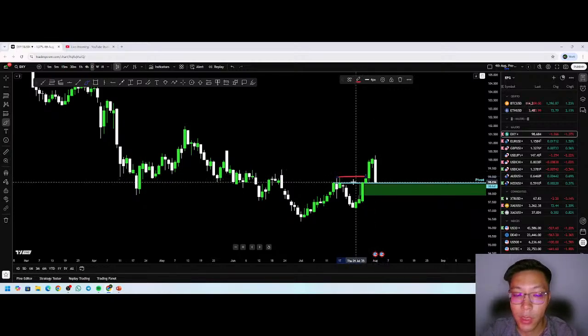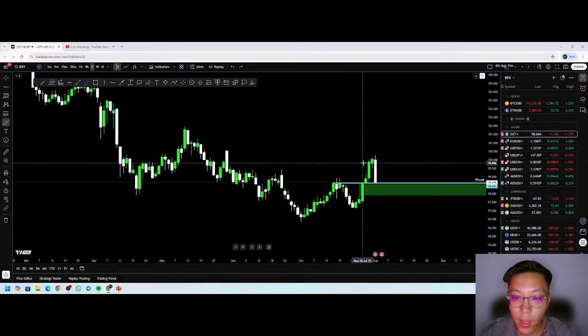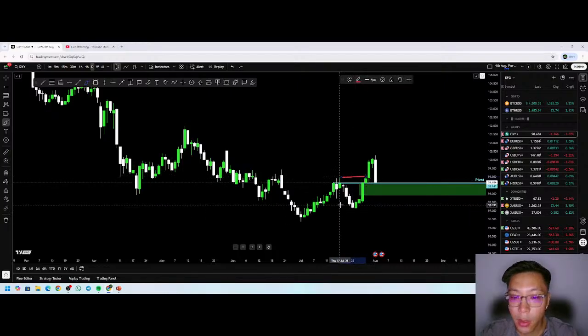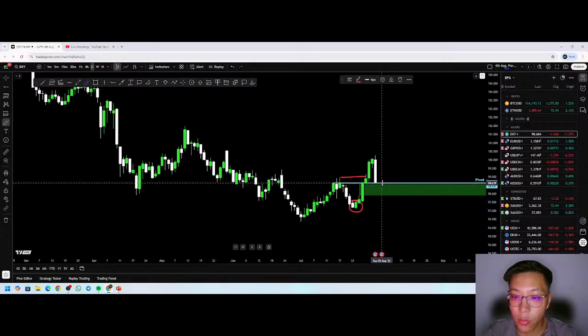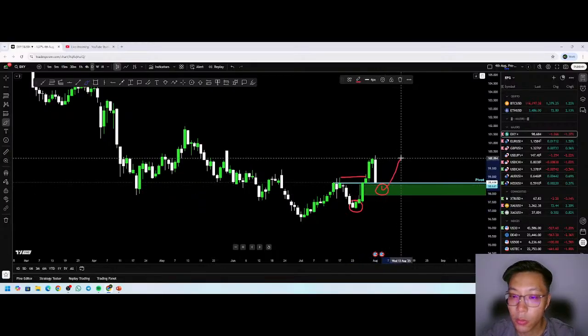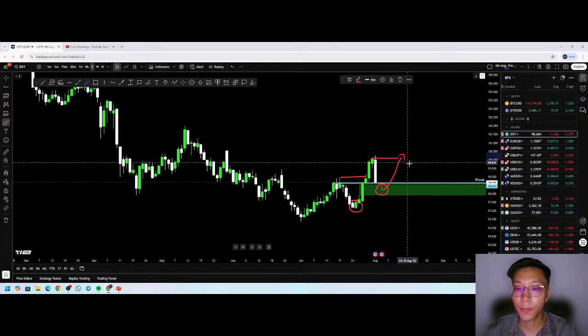So you could see a change of character for DXY here. This could indicate that once we have created a change of character and then a higher low, price could come up to at least this previous high over here.